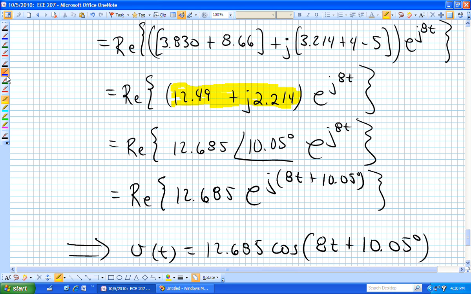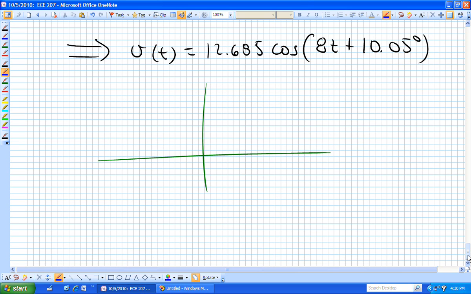Down here, that's 12.49 in the real direction and 2.2, so I would walk over here to 12.49, and I would go up 2.2, so that if I had to find this, and hopefully your sketches will be a little bit better than this.